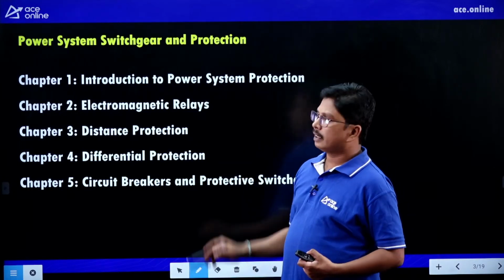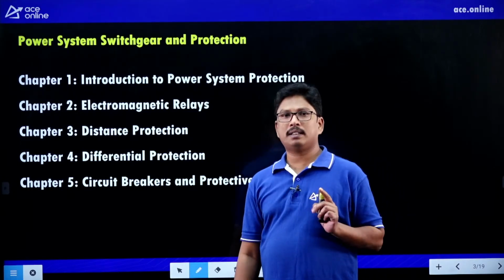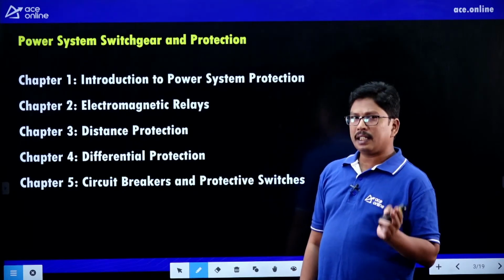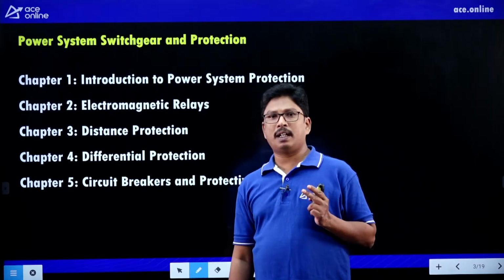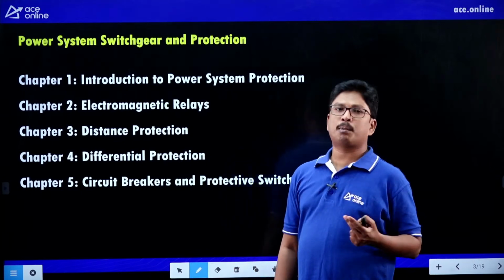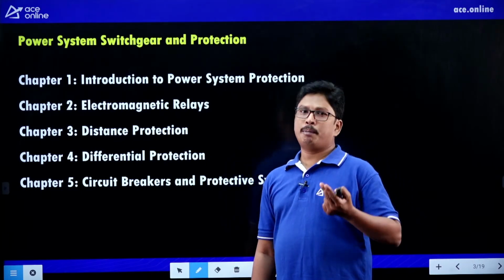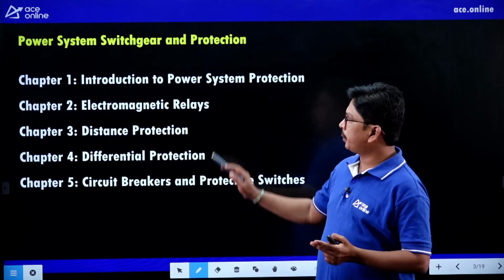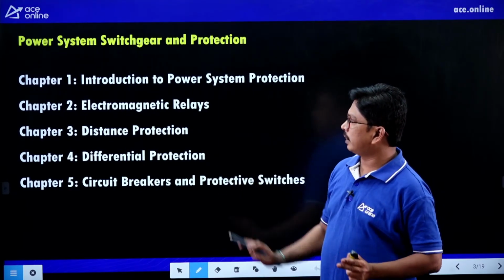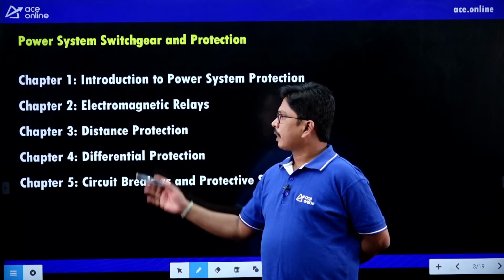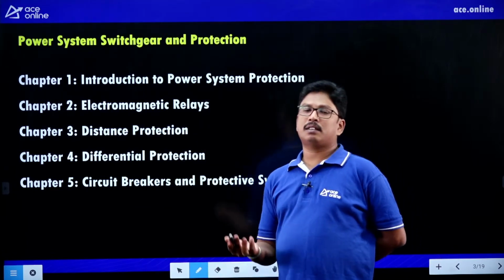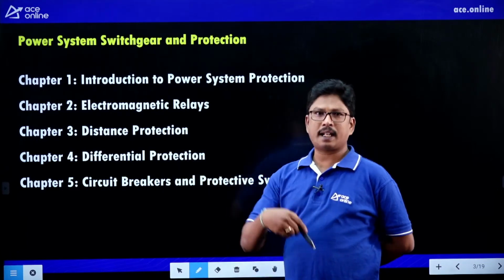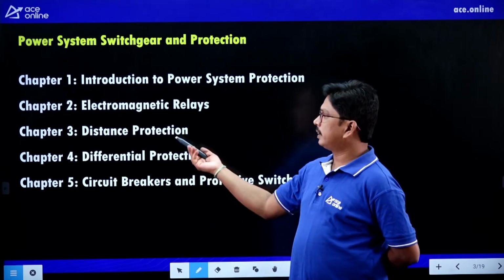We are going to see the electromagnetic attraction type relays and electromagnetic induction type relays. In the induction type, we will see the shaded pole type, the watt-hour meter type, and the induction cup type relays. We are going to discuss those in the electromagnetic relays. And in distance protection relays, we discuss impedance relays, admittance relays and mho relays, their characteristics and applications.